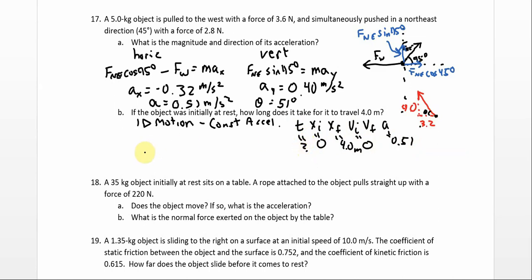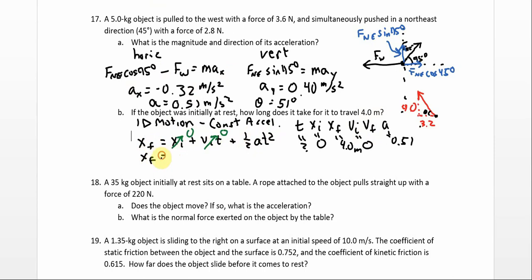So we go to our 4 constant acceleration equations. We pick the one that does not include VF, and I think that one is this one. I can put a 0 in there and put a 0 in there.